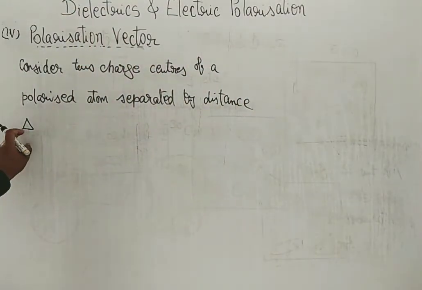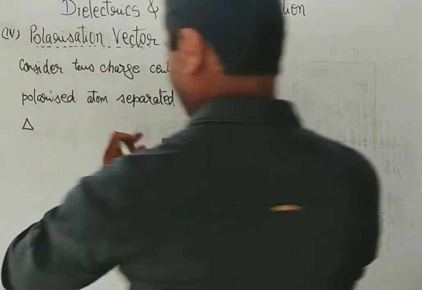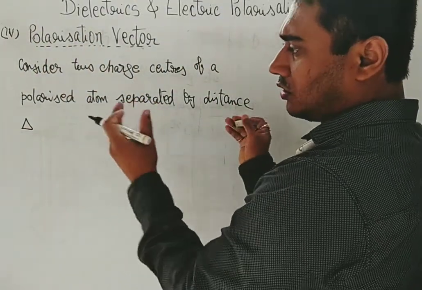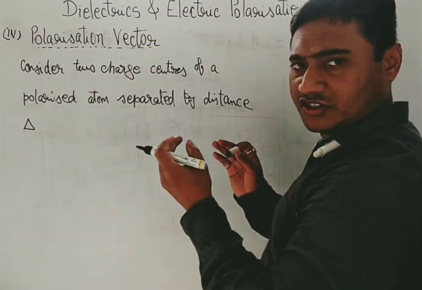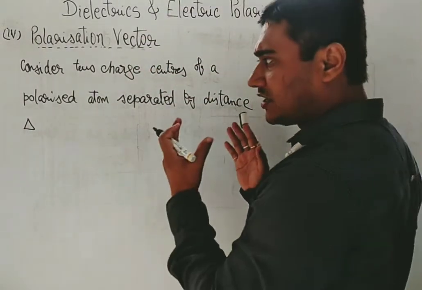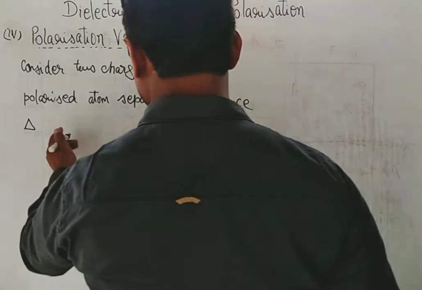Here delta is the distance that signifies the separation between the centers of charges.